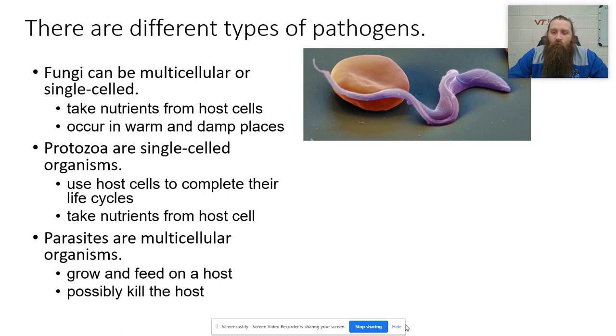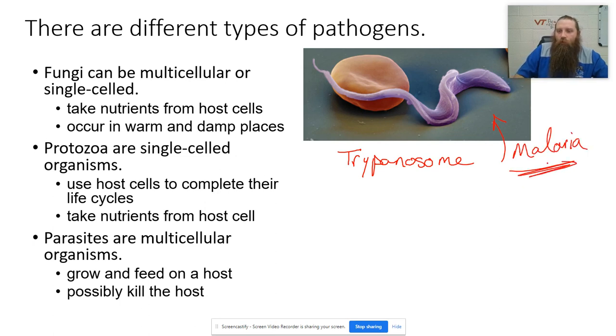Okay, so this one is a trypanosome. I think I spelled that right. This big guy right here causes malaria. All right, very, very, very dangerous disease. But that trypanosome right there would be a protozoan, and it gets inside a red blood cell.